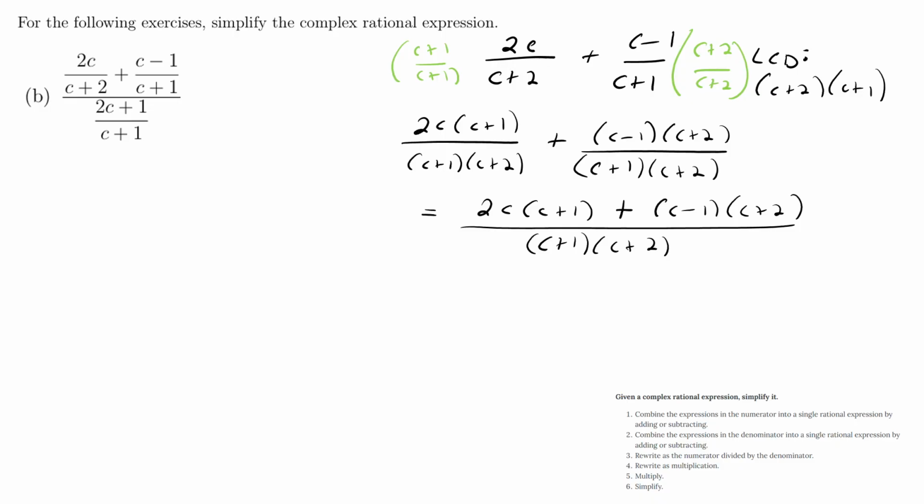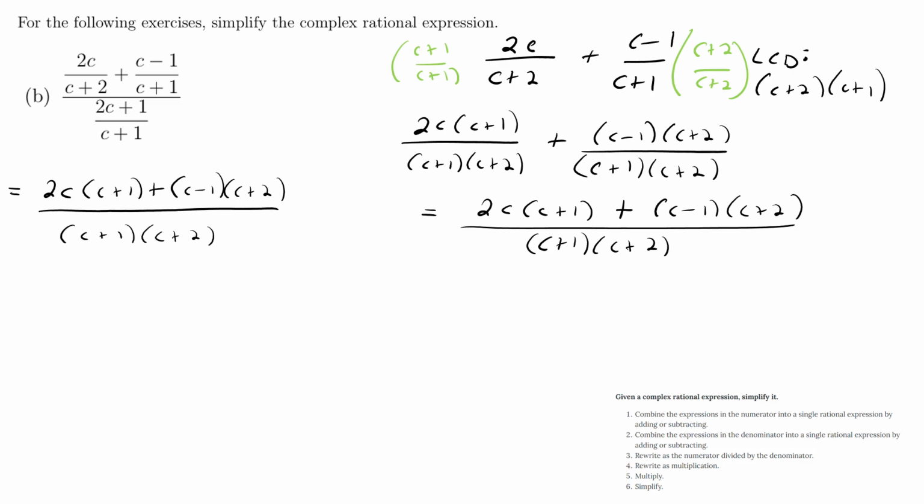And then remember, we flip and multiply. So this is going to be equal to 2c times c plus 1 plus c minus 1 times c plus 2, all over c plus 1 times c plus 2. So that's my numerator, times, flip the denominator, c plus 1 over 2c plus 1.